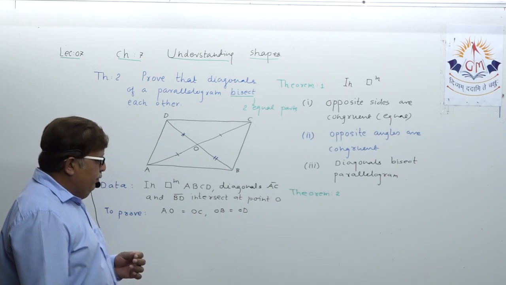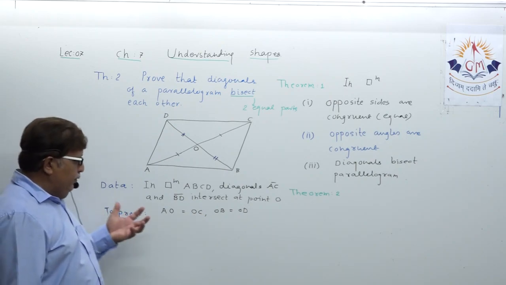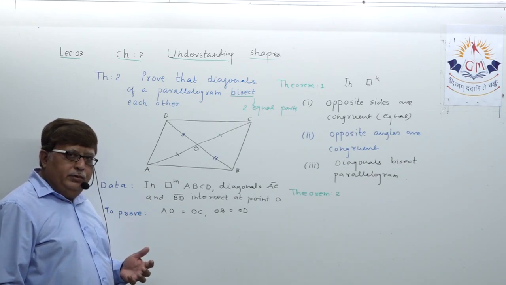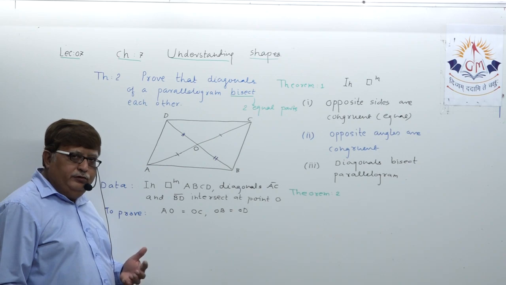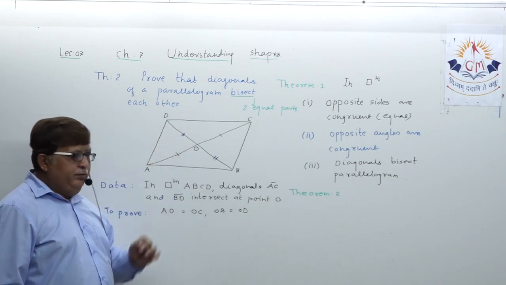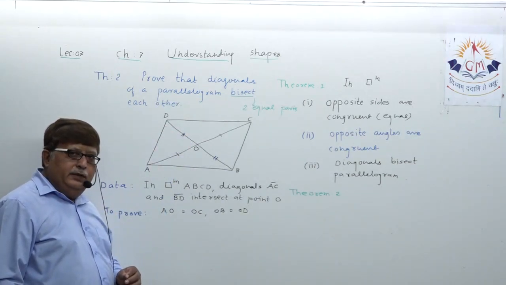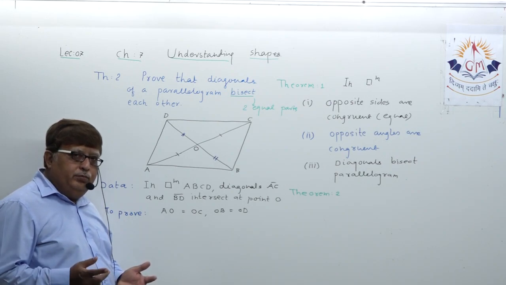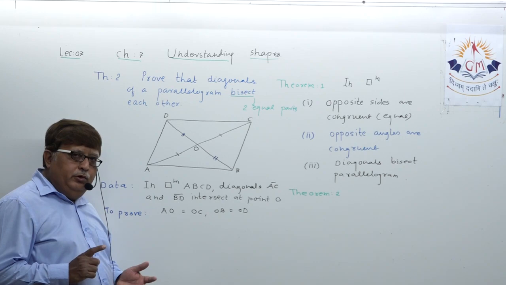Whenever it's a question of solving a geometry example, it demands your logic, it demands your reasoning. Nobody is going to tell you that if you want to prove that diagonals bisect, what you are going to prove symbolically.